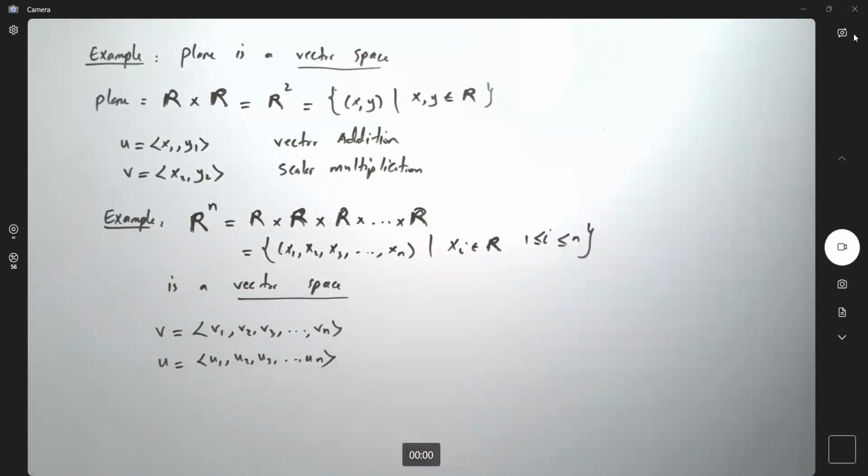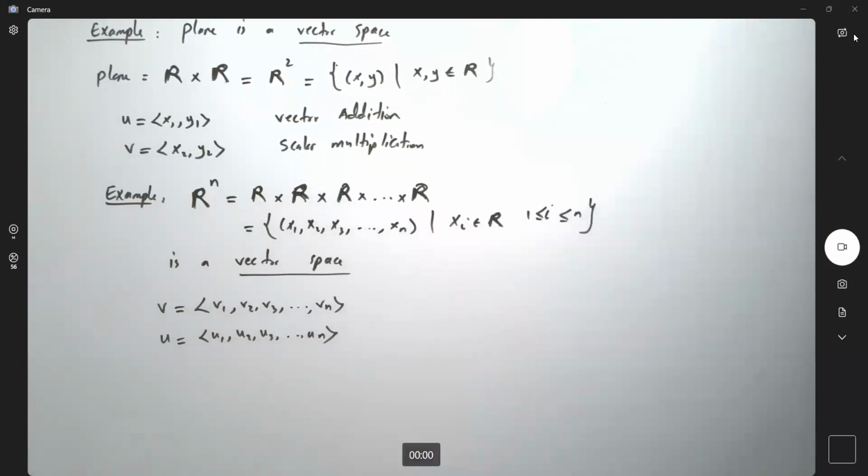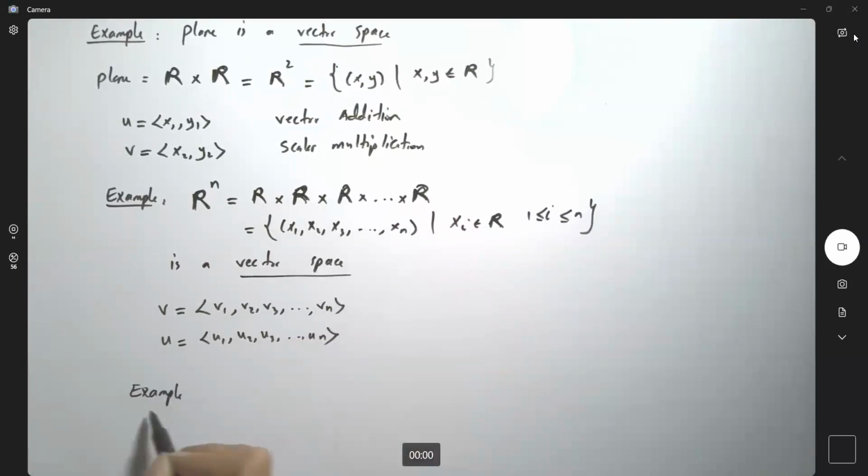Another example for you. We can take all matrices of size 2 by 3 and use addition and scalar multiplication and create a vector space.